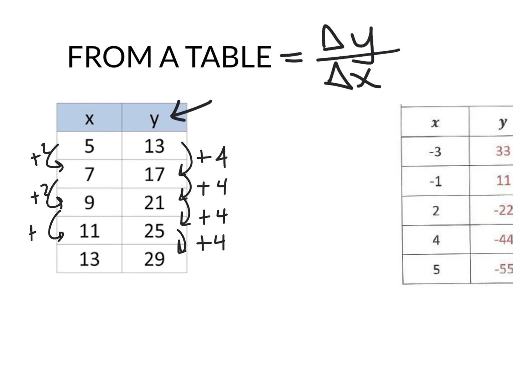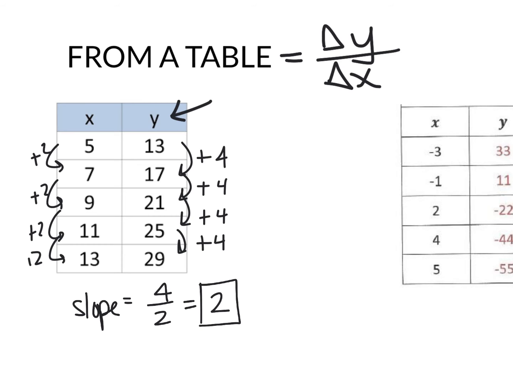And that seems to continue throughout the table. So when I go to write my slope, it's the y over the x. So the slope is 4 over 2, or I can just simplify that to 2. And remember, because this change is constant, if you just want to make a note to yourself, this would be a linear table that we're looking at here.